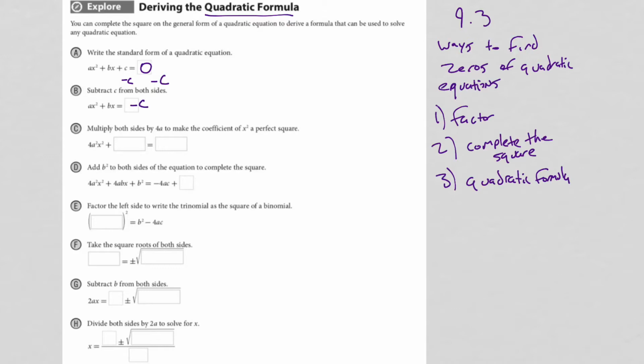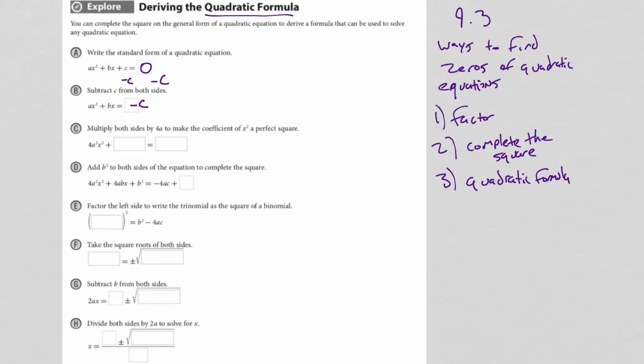And then I'm going to multiply both sides by 4a to make the coefficient of x squared a perfect square. Because if we're talking about perfect squares, there's 4, 9, 16, 25, 36, and so on. 4 is like the first one.